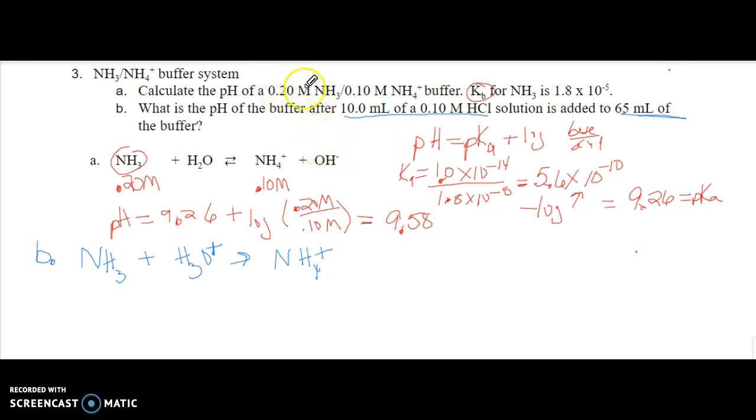So I know I have 0.2 molar of this times 65. And instead of converting that to liters, I'm just going to make that millimoles. So when I multiply that together, I'm going to get 13 millimoles.